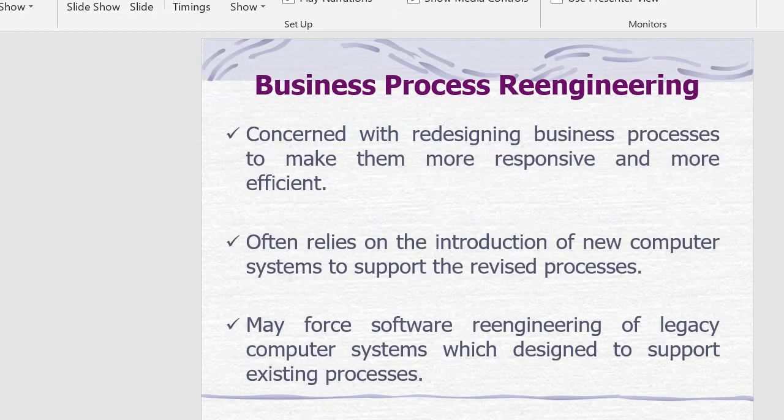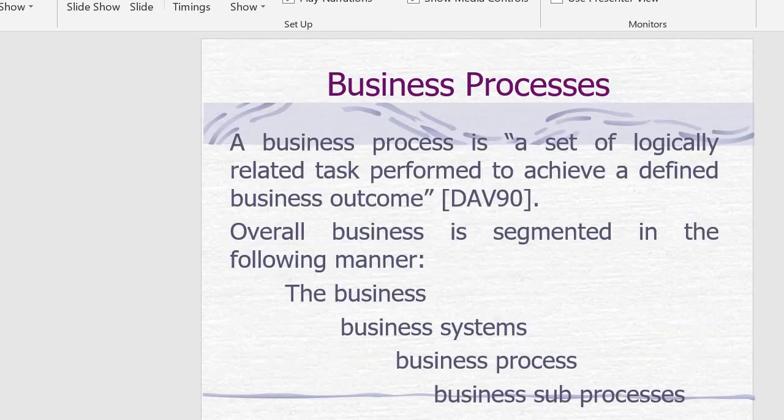So business process re-engineering is concerned with redesigning business processes to make them more responsive and more efficient. This often relies on the introduction of new computer systems to support the revised processes. This process of re-engineering may force software engineering of legacy computer systems which were designed to support existing processes.